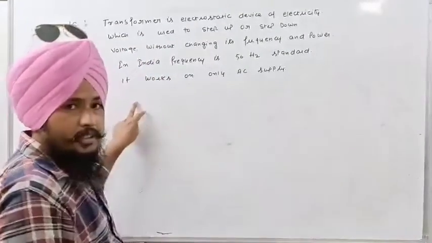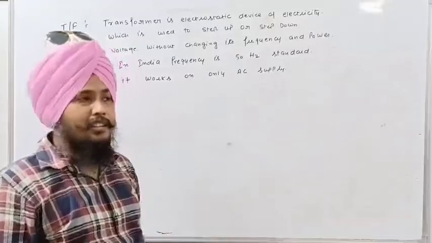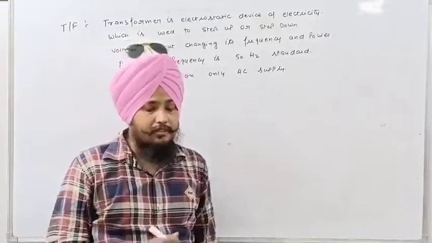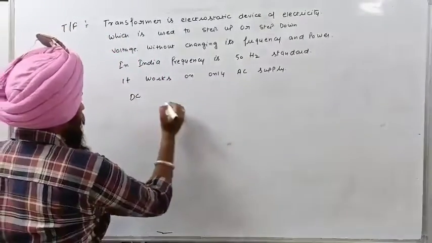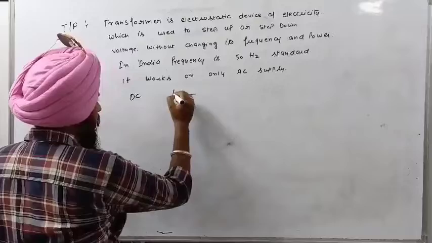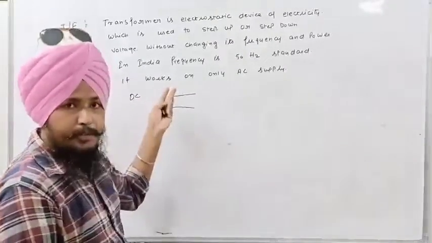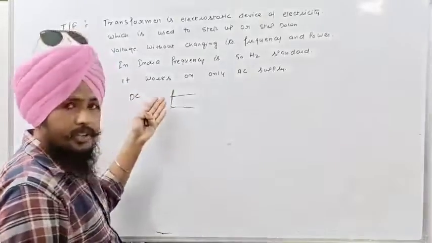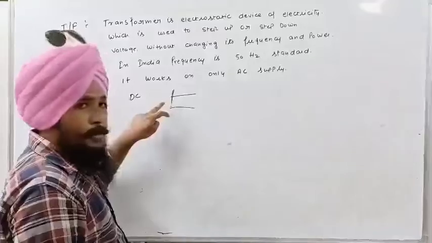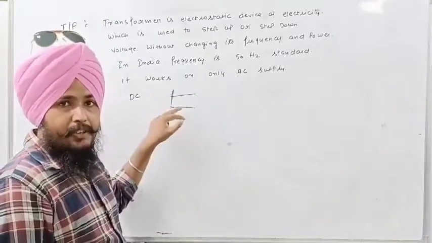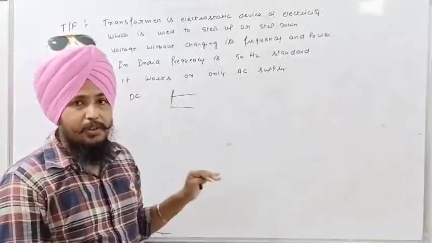Because it needs alternating voltage to produce alternating mutual induction. Okay? In DC there is no change in the amplitude or value of current or voltage. It will produce a magnetic field, but it does not have any changing mode.